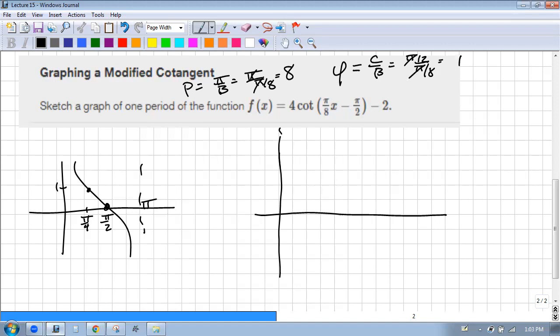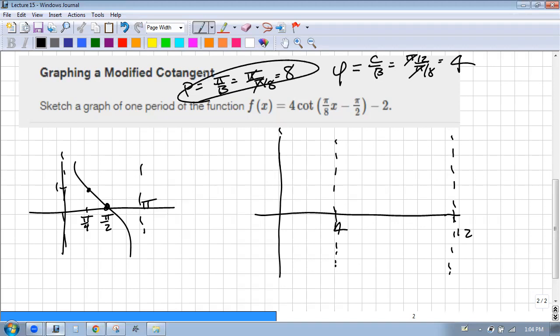So 8 over 2 is 4. So this is shifted to the right by 4. So instead of putting asymptotes here, they get shifted over. What used to be here is now shifted to the right by 4. It has a period of 8, so 4 plus 8 is 12. There's where my asymptotes got moved to.